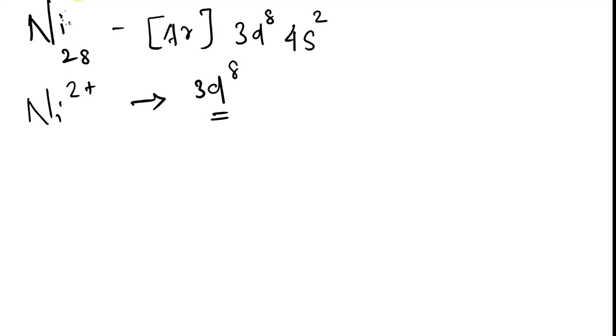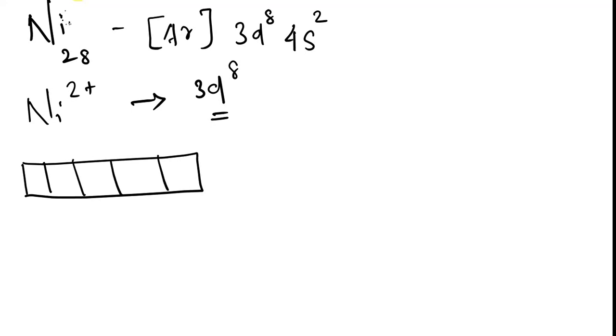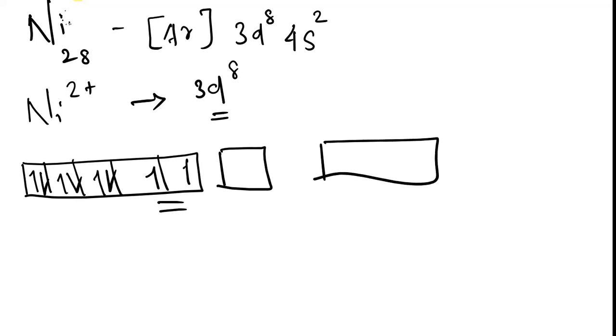So we can write the 3d8 like this: 1, 2, 3, 4, 1, 2, 3, 4, 5, 6, 7, 8. So there are 2 places vacant for electrons here, this is 4p, this is 4s, and this is 3d.